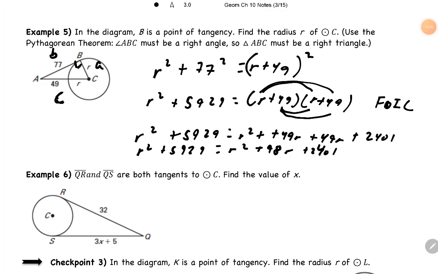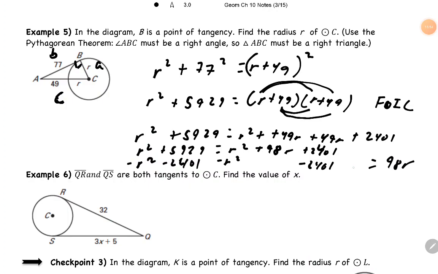Okay. Luckily, our r squareds cancel, because if I subtract 1 r squared from both sides, they go away. And so minus r squared, and then I'm going to move the 2,401 over to the left side. Okay, so I'm going to get 98r on the right.